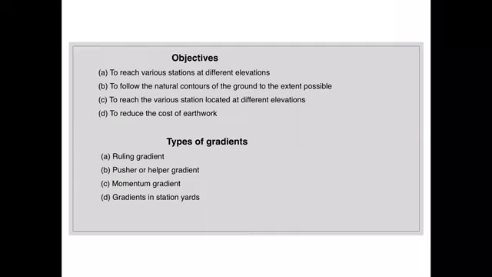Now first we'll discuss the objectives of providing the gradients. Gradients sometimes have to be provided to reach the various stations at different elevations, and we may have to follow the natural contours of the ground to the extent possible. This is to avoid the earthwork, that is cutting and filling, required in the construction of the railway track, and to reduce the cost of earthwork.